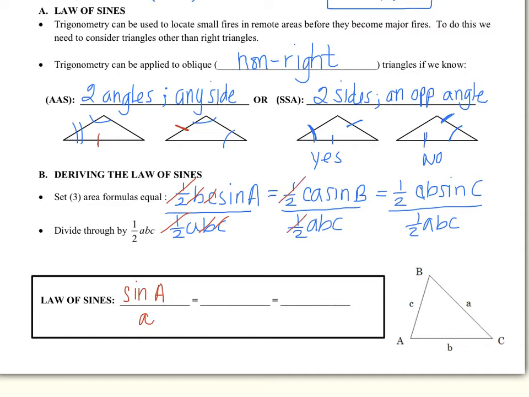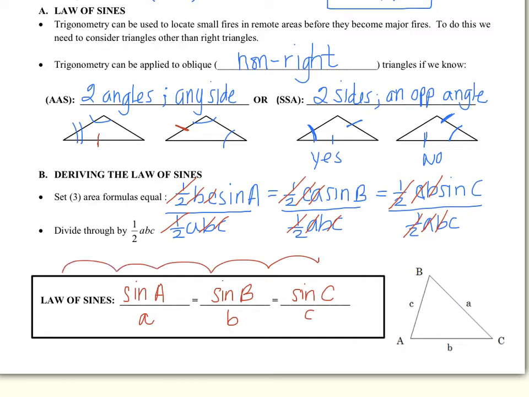The 1/2s cancel, the C's and the A's cancel. That leaves me with the sine of angle B divided by side B. Lastly, the 1/2s cancel, the A's cancel, and the B's cancel, and that leaves me with the sine of angle C divided by side C.